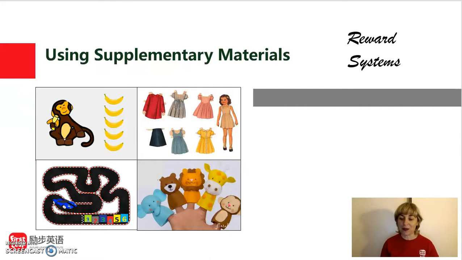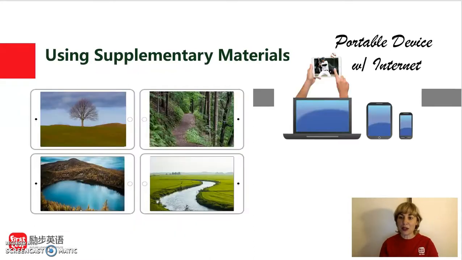Let us know. We're also going to talk about portable devices that have internet access. Sometimes we can use these to help a student understand something a little bit more. We have one lesson, for example, that talks about lakes and rivers. Sometimes this is very hard for students to distinguish between the bodies of water.